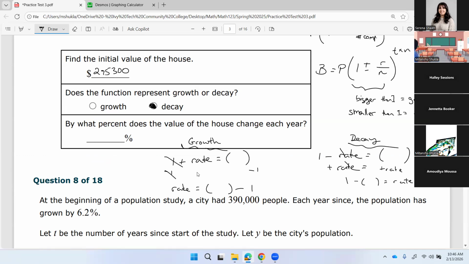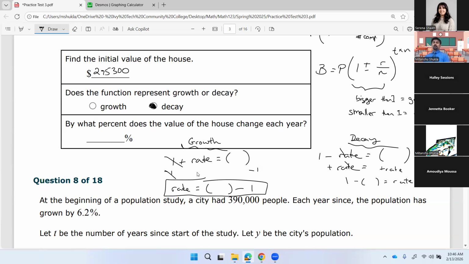Okay, if it's a growth scenario, do parentheses minus 1 to get your rate. If it's a decay scenario, do 1 minus what's in the parentheses, and that's going to give you your rate. Any questions about that? Write that down somewhere. If it's growth, do whatever's in the parentheses minus 1 to find the rate.